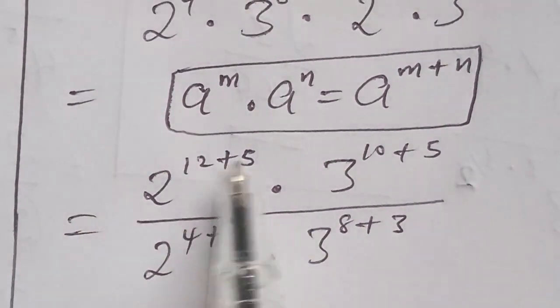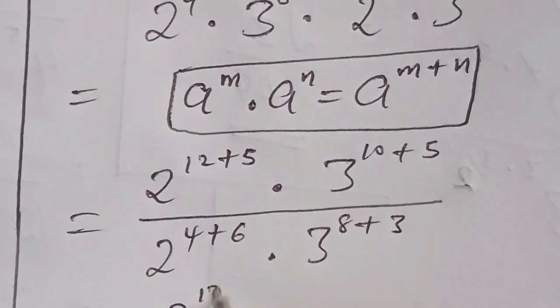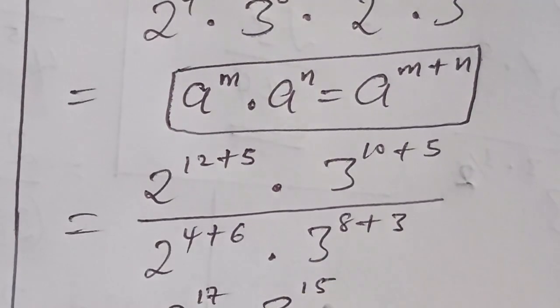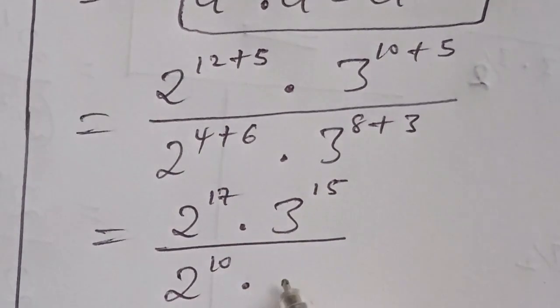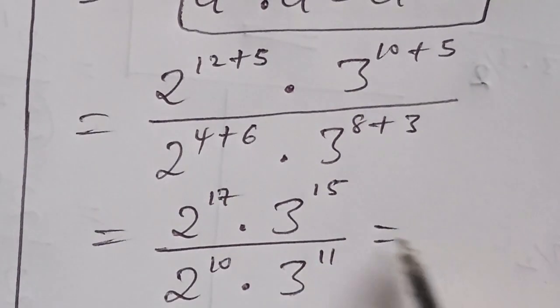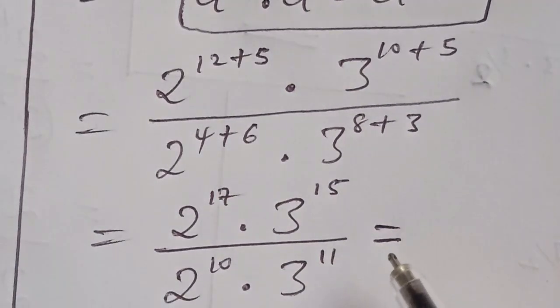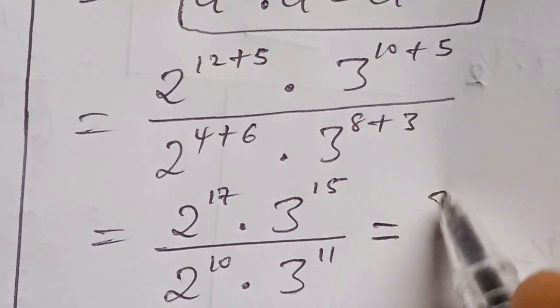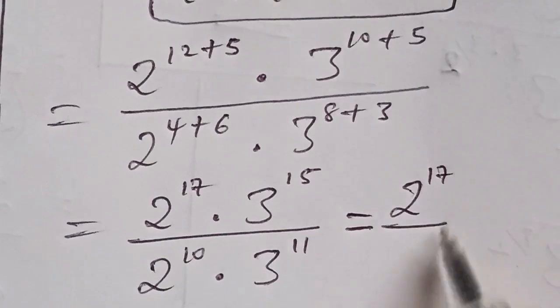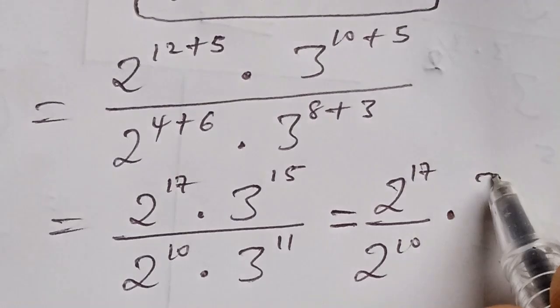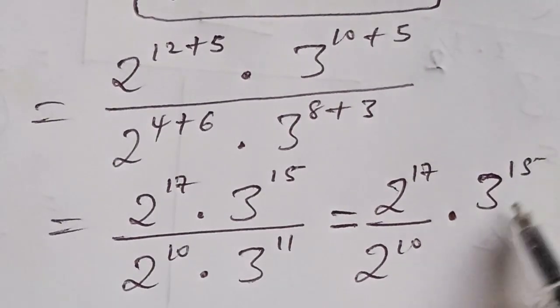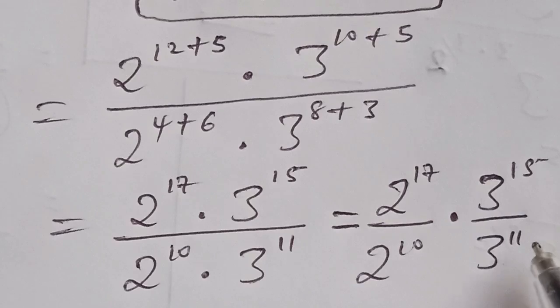Adding these together, we have 2 to the power of 17 multiplied by 3 to the power of 15, over 2 to the power of 10 multiplied by 3 to the power of 11. The whole of this can now be written as 2 to the power of 17 over 2 to the power of 10, multiplied by 3 to the power of 15 over 3 to the power of 11.